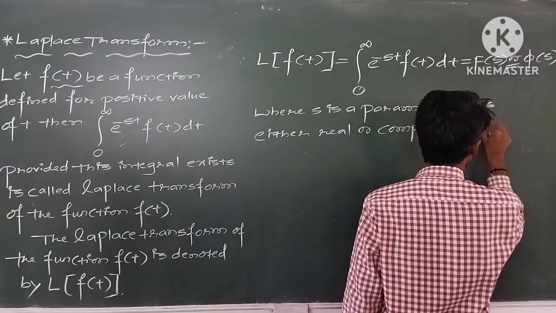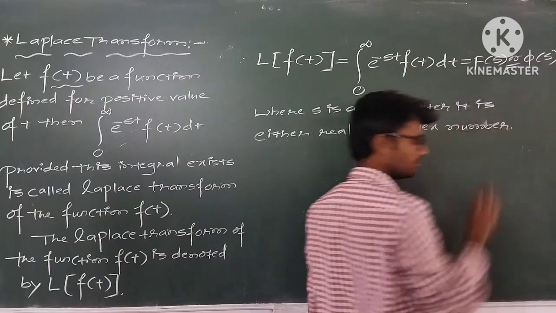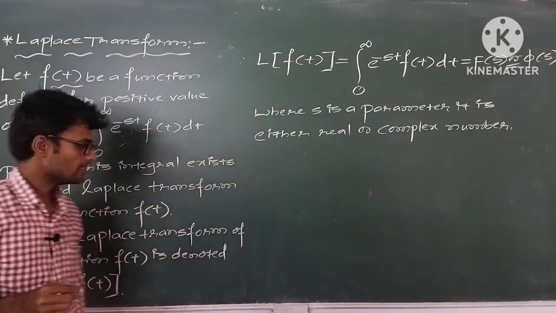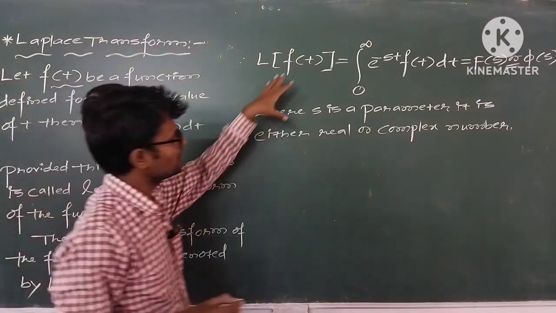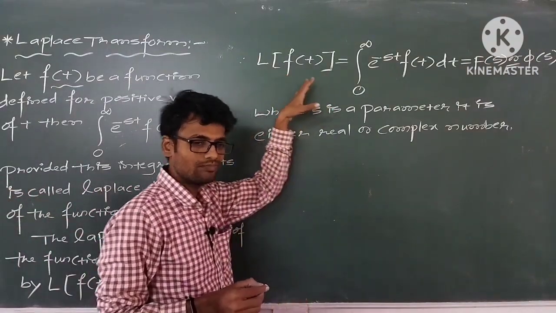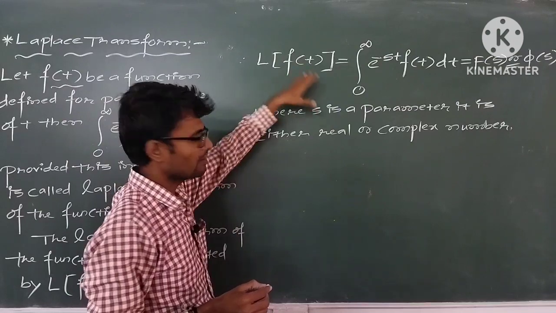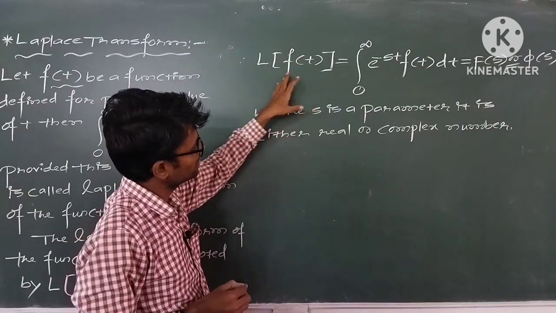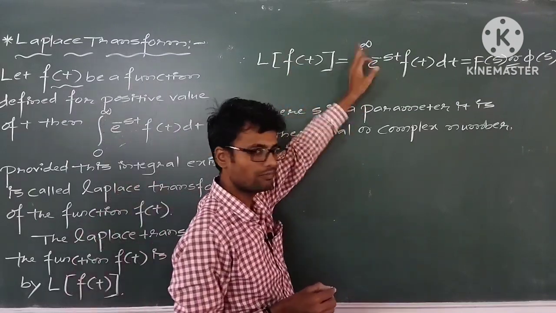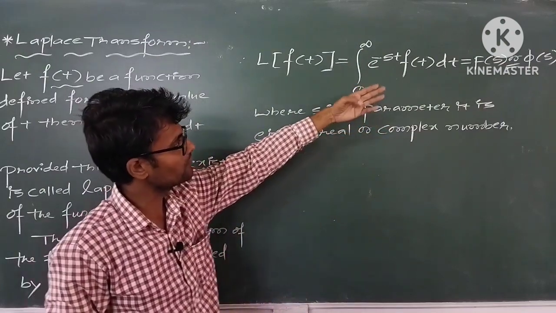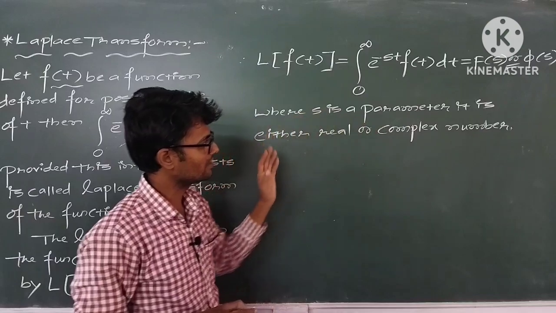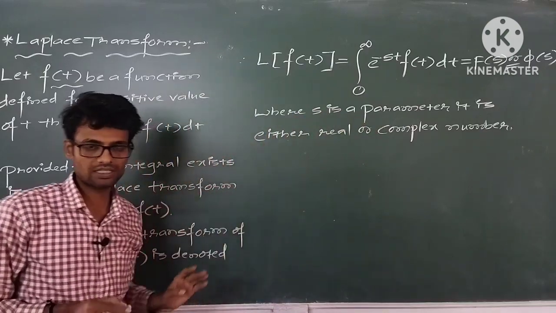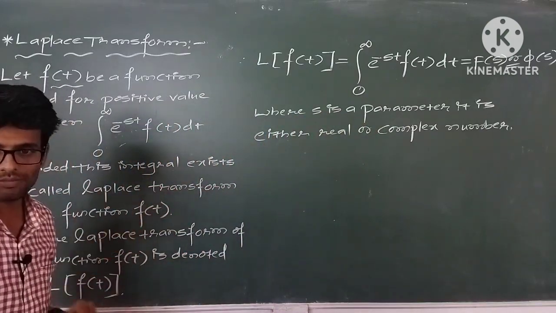So this is the definition of the Laplace transform and its symbolic representation: L of f of t, the Laplace transform of the function f of t, equals the integration from 0 to infinity of e raised to minus st f of t dt, equals F of s or phi of s, and s is the parameter, either a real or complex number. You should remember all these things.